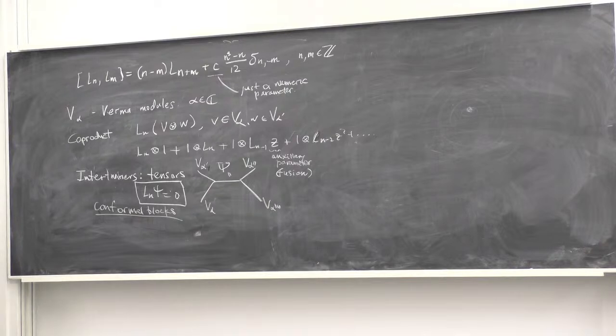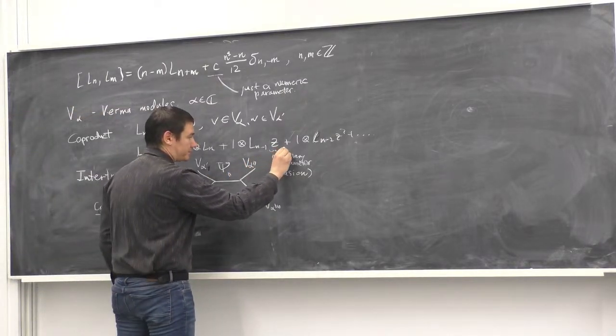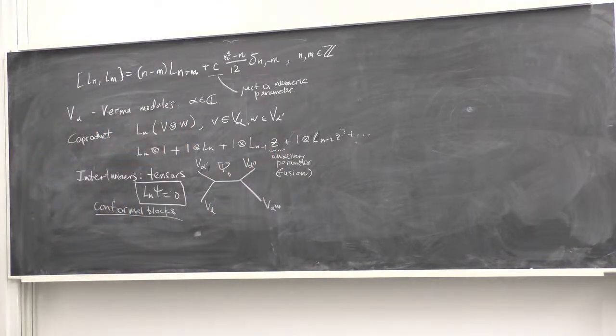But secondly, they are also functions of these strange z parameters, which have the meaning of fusion parameters physically. When you fuse two fields, two primaries, you gain a parameter, which is the difference of the insertions.